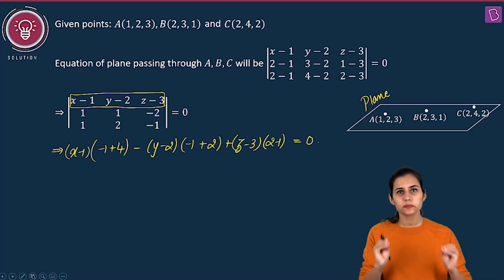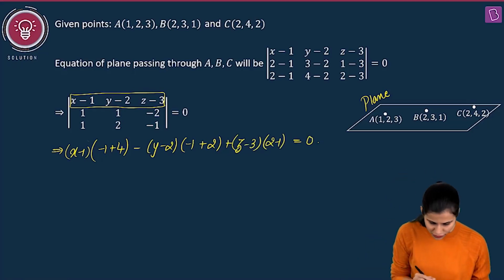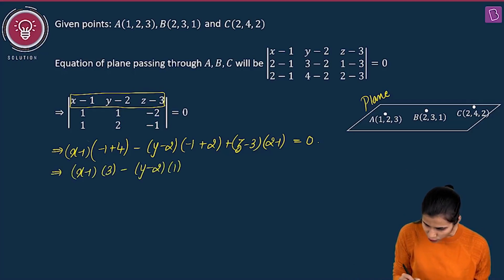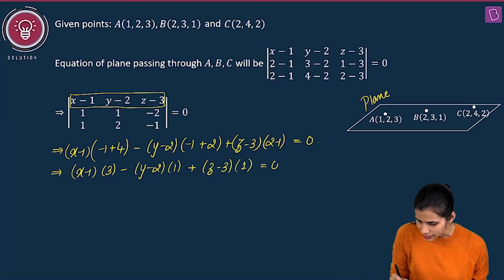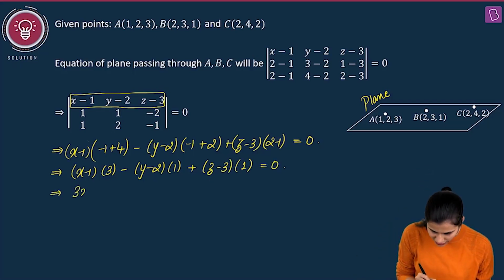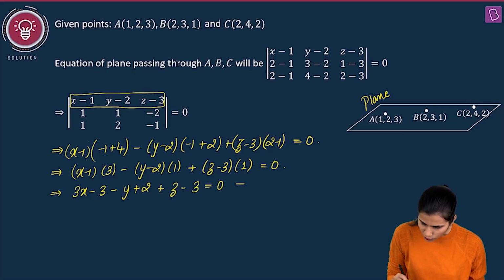I did nothing, I just expanded the determinant along the first row. Cool, sorted. Let's resolve this now. This will give you (x minus 1) into 3, minus (y minus 2) into 1, plus (z minus 3) into 1, equals 0. Fine, basic calculation. In the next step, you get 3x minus 3 minus y plus 2 plus z minus 3 equals 0, which eventually gives you what? 3x minus y plus z.